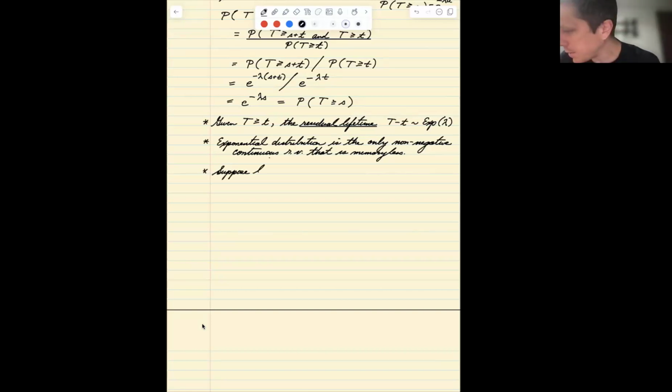Suppose you have a light bulb whose lifetime is distributed as exponential with rate 1/200. For the exponential distribution, we'll calculate the moments a bit later.